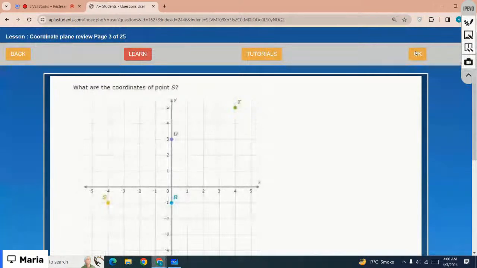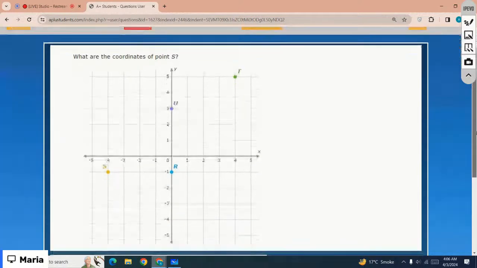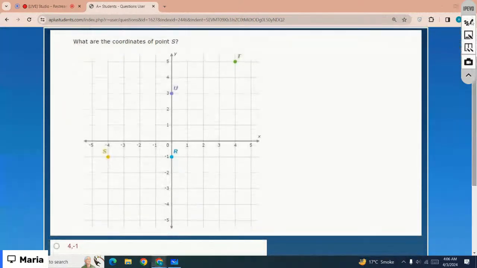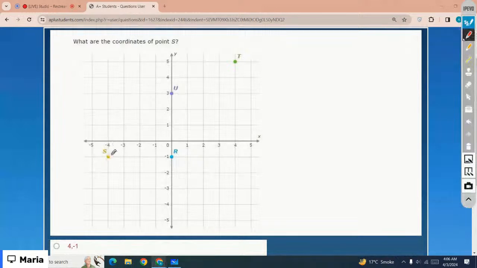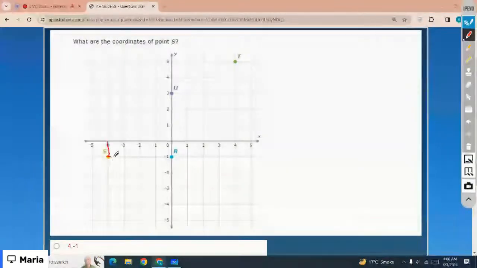Okay, what are the coordinates of point S? Look for the coordinates of S. Which option is the correct one? Here is S. Match it to the x-axis, -4.